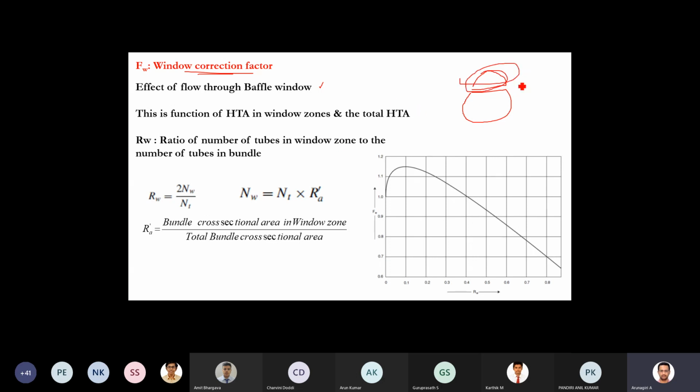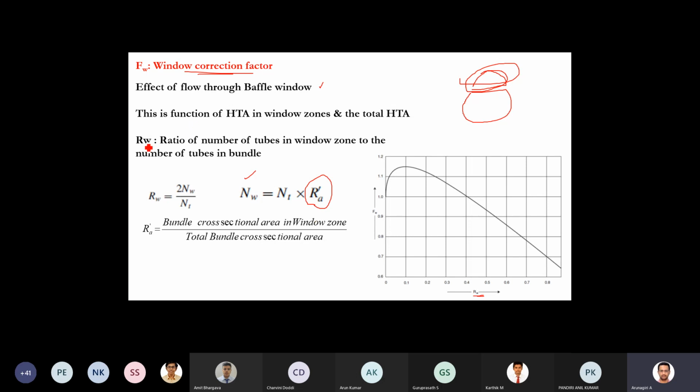Okay, so this is a function of heat transfer area in the window zone and the total heat transfer area. Okay, so you have to calculate RW. How to calculate RW? RW is 2 times NW by NT. So what is NW? NW is NT into RA dash. Already we have discussed how to calculate RA dash.